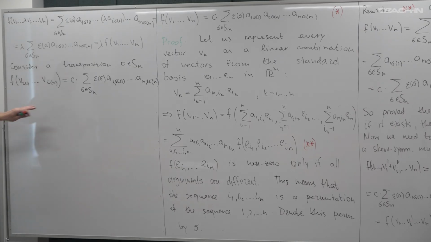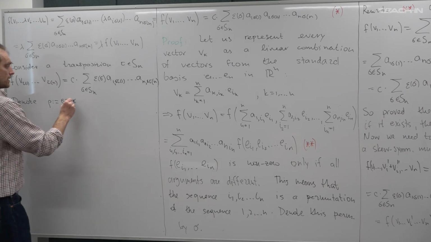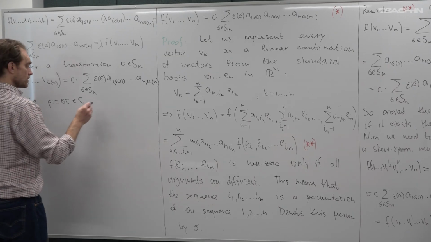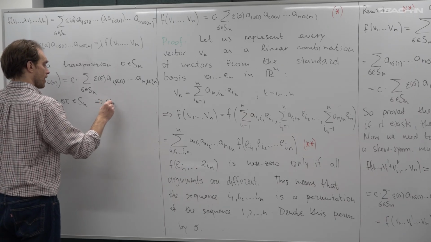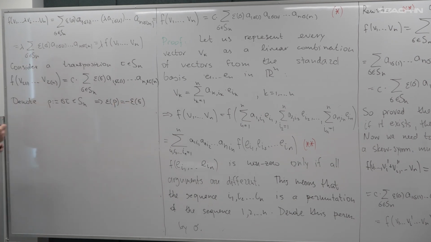So in every element here we are going to have the product of our permutations. And now denote the product of these two permutations as rho. So rho would be the product of sigma and tau. It also is a permutation from the symmetric group, and since they differ by a transposition, we can say that the sign of rho is different from the sign of sigma, right? Just because they differ by transposition.